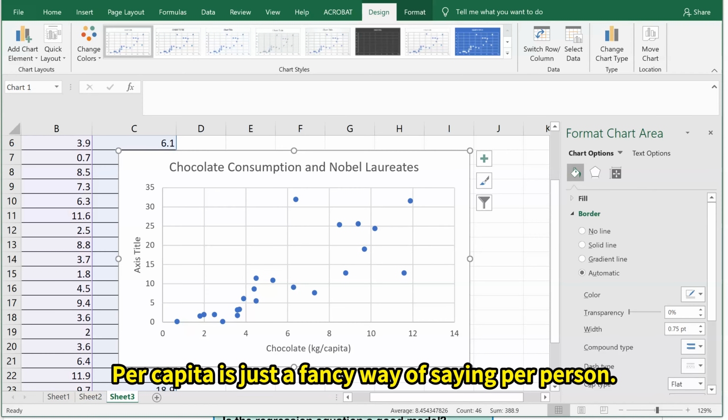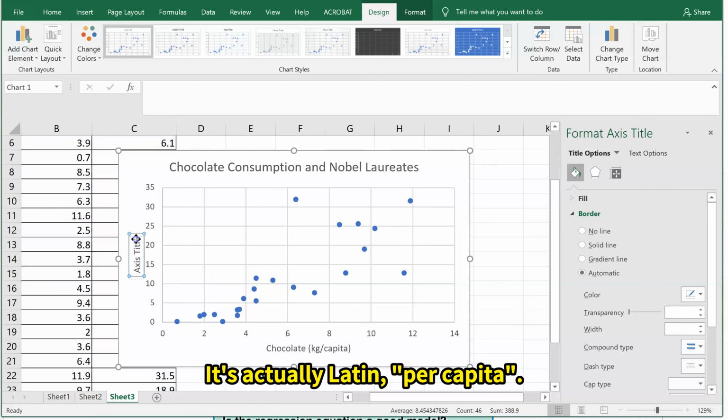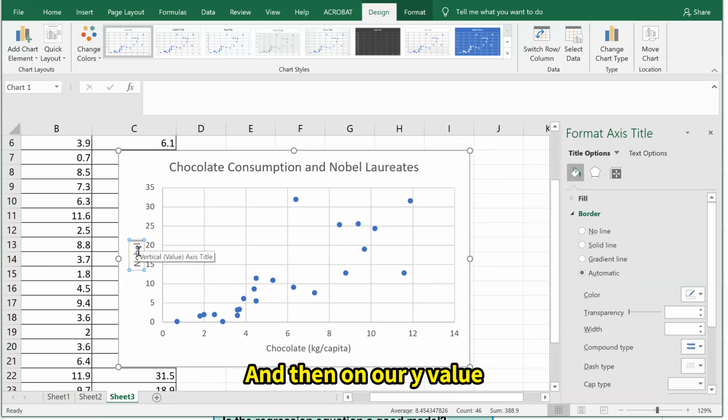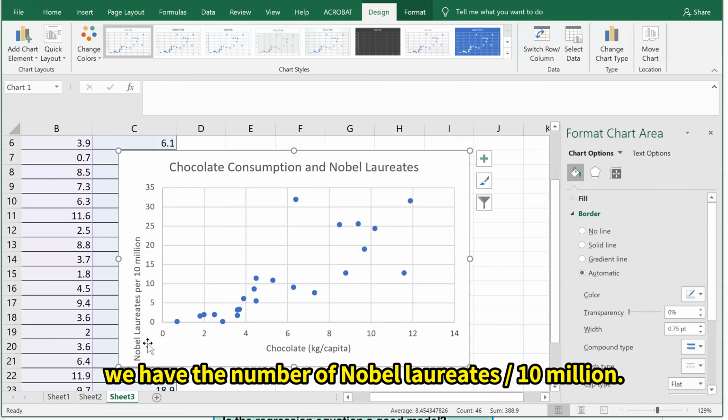And per capita is just a fancy way of saying per person. It's actually Latin, per capita. And then on our y value, we have the number of Nobel laureates per 10 million.